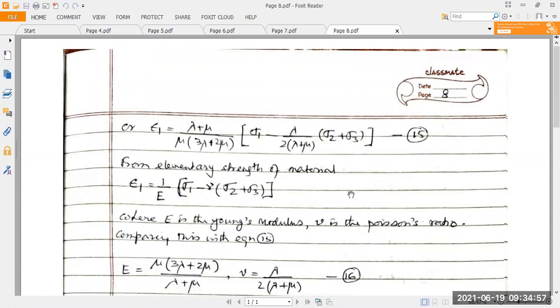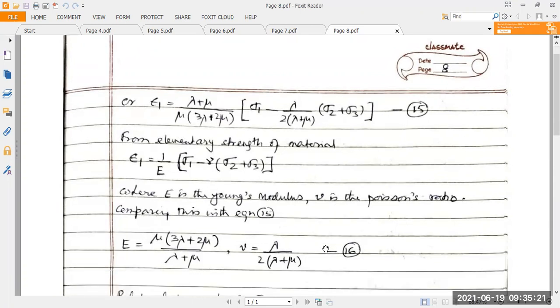So from elementary strength of materials we know epsilon 1, the longitudinal strain, is equal to 1 by E multiplied by sigma 1 minus nu times sigma 2 plus sigma 3, where E is Young's modulus and nu is the Poisson's ratio itself.